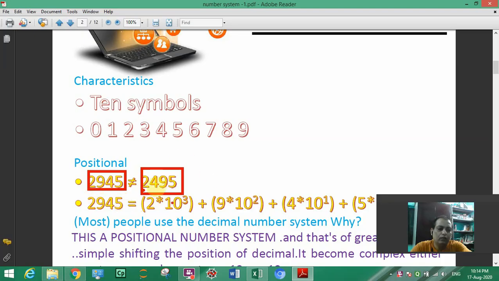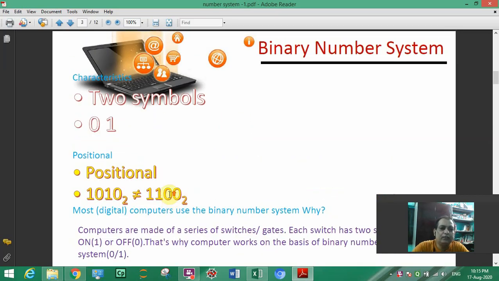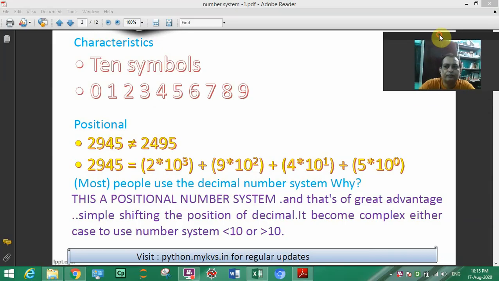So it is giving a different meaning. Digits are same, but if we change the position of the digits, then it gives different values. And that's why this number system is called positional number system.